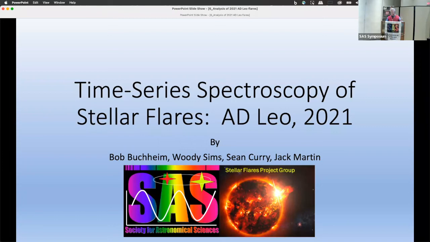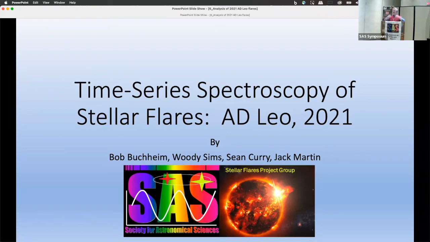Since these stellar flares occur randomly and infrequently, detecting them means devoting an enormous amount of observing time. And that means that this whole flare project falls into one of the sweet spots for the backyard observer.